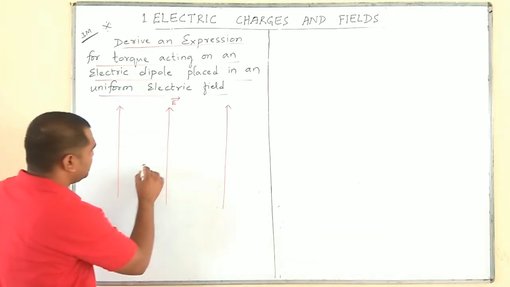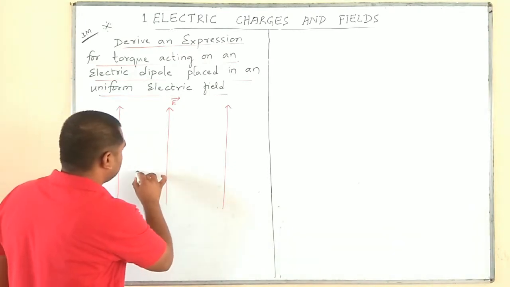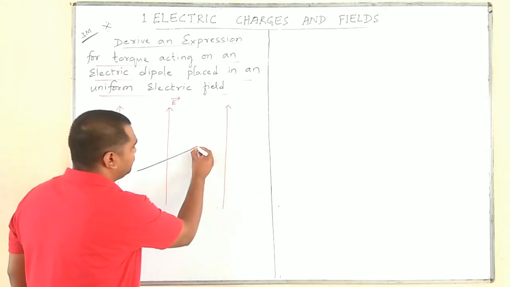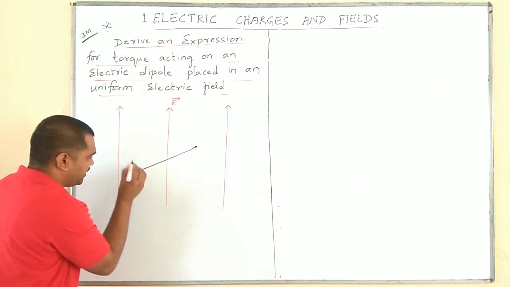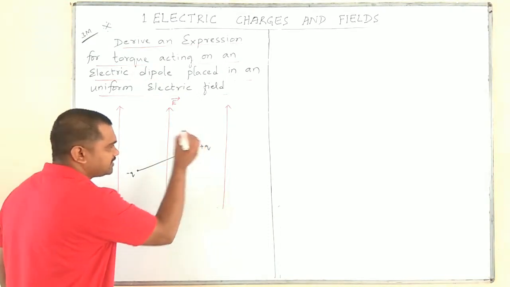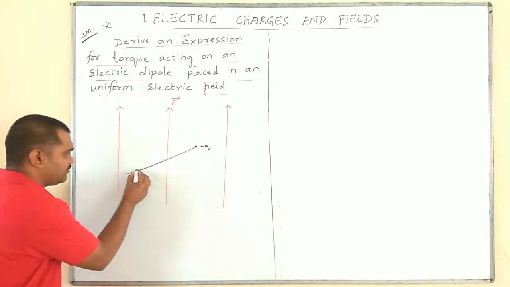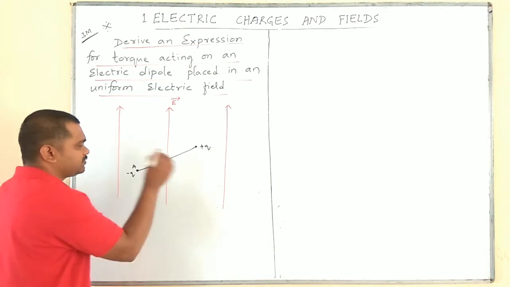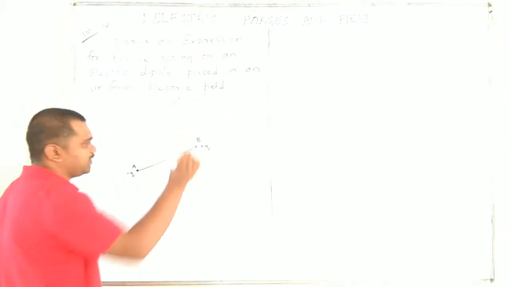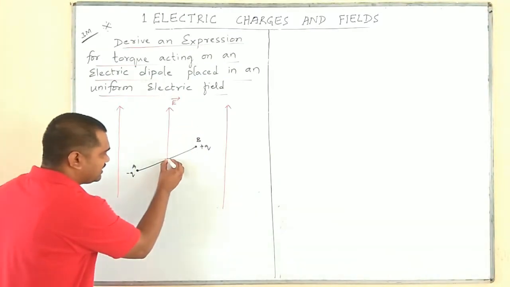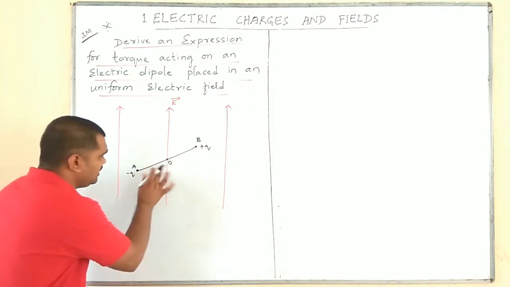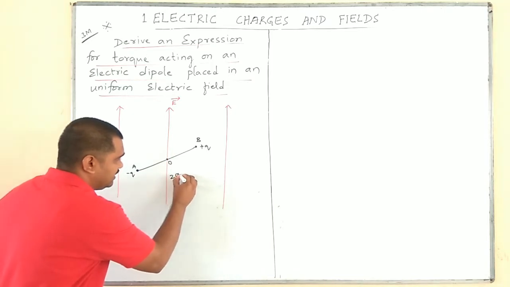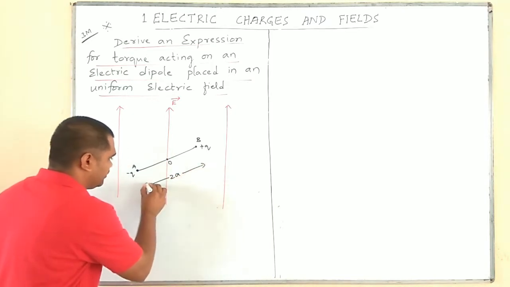In this field, suppose I place an electric dipole containing two equal and opposite charges, minus Q and plus Q, like this. For reference, I will call this point A and this point B. Let the center of the dipole be O. The dipole length is 2a, as we know.